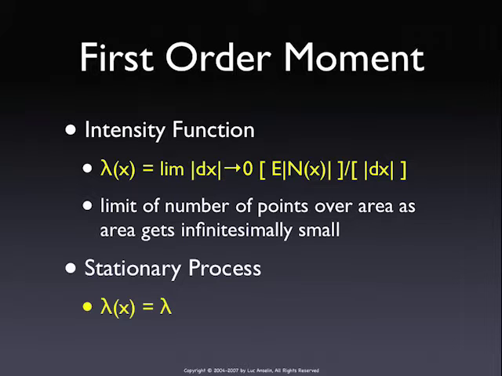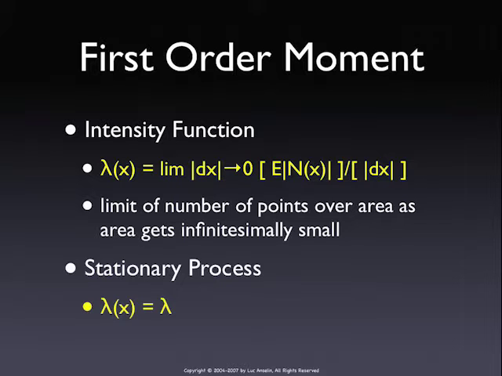That's not good enough to characterize a spatial process, because the spatial process is about the probabilities of getting an event in any particular location. So that's not just the number of events in a particular area, which is what we can get from a Poisson distribution, but it's also where they are.